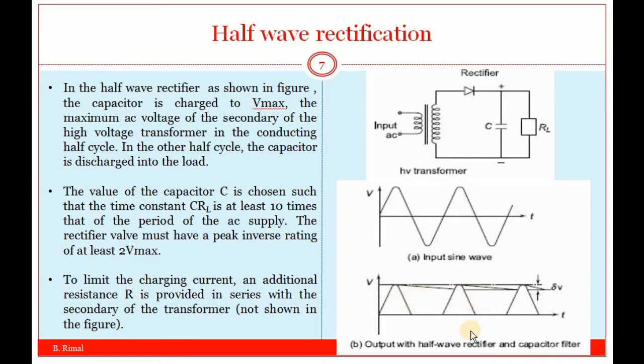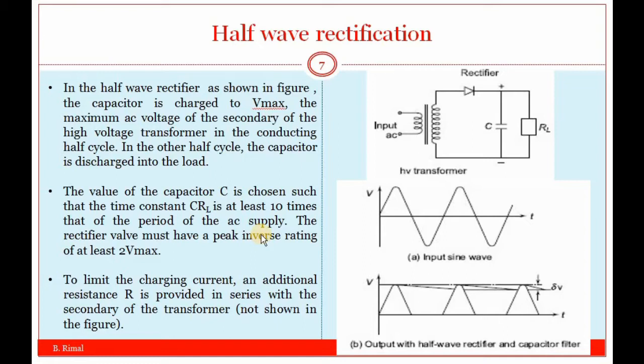While choosing the value of C, we should choose C such that the time constant C times RL is at least 10 times the period of the AC supply, and the rectifier must have a peak inverse rating of at least 2 Vmax so that smoother DC can be generated.